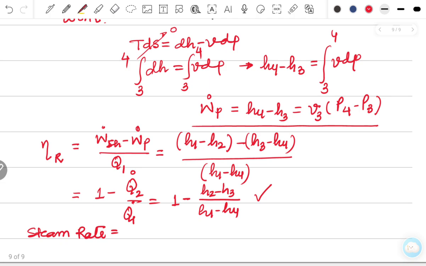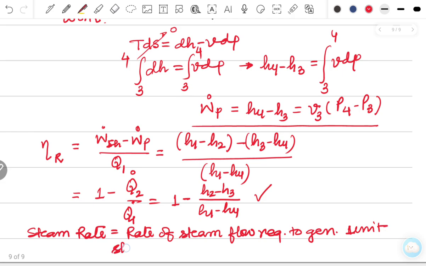It is defined as the rate of steam flow required to generate unit shaft work. This is one of the parameters. The more steam you require to generate a unit amount of shaft work, the less efficient the turbine will be.